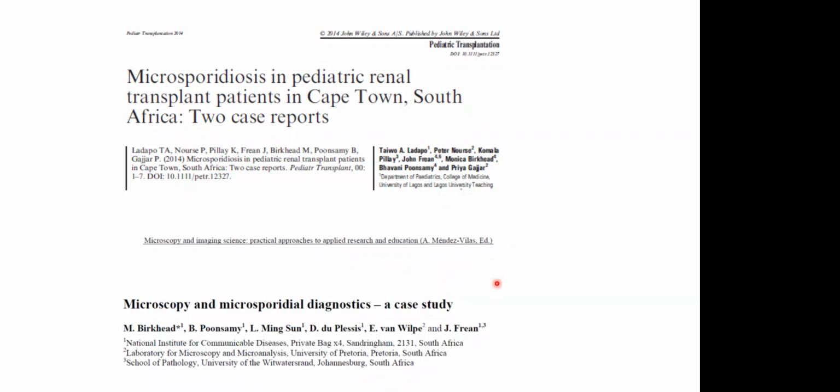Now this was published in a book, not really available, but if anyone wants a copy of the article, just let me know, and I'll send it to you. There's some very nice pictures in this report.